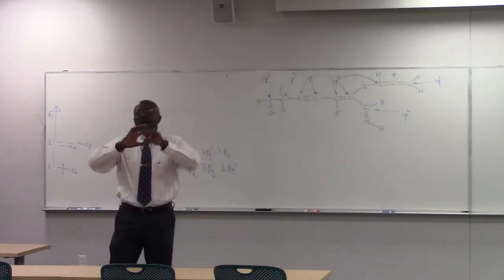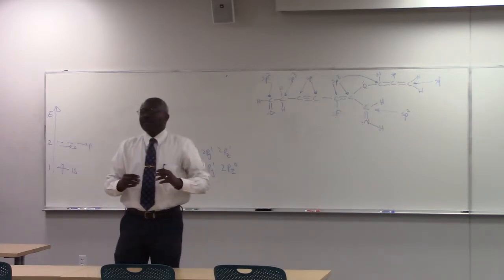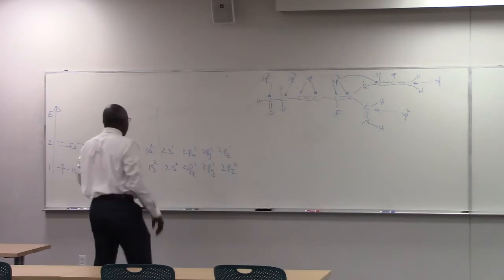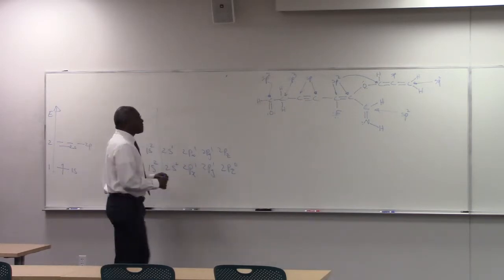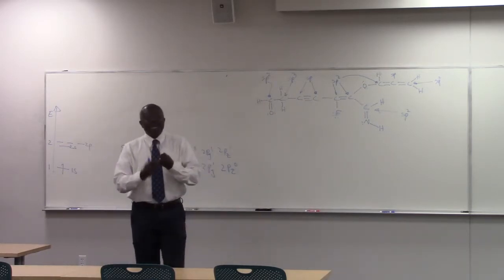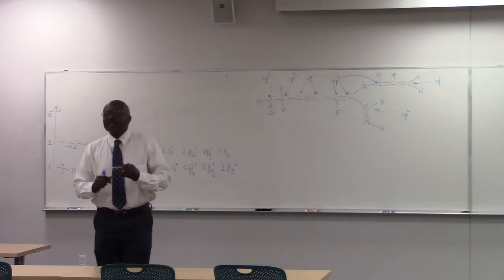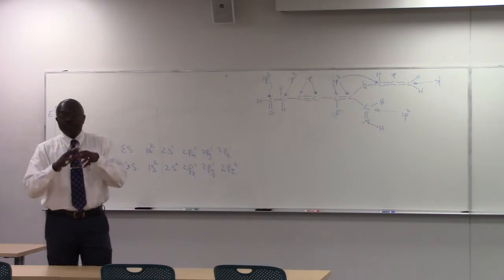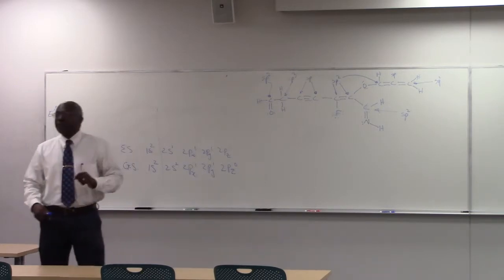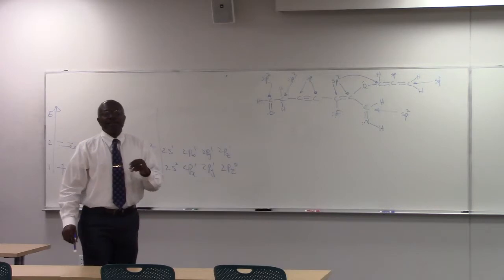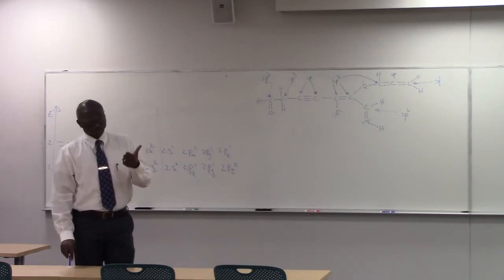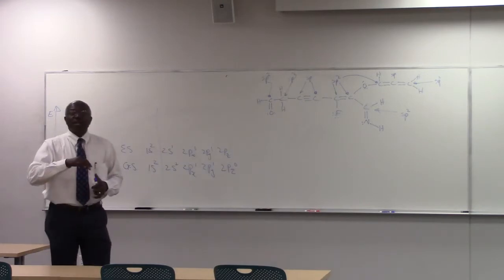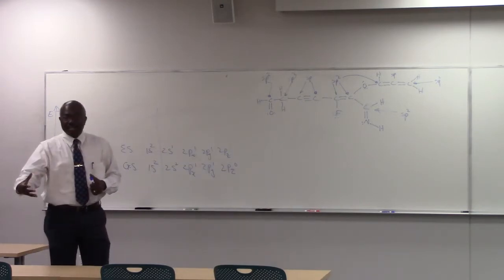So for orbitals to hybridize, to mix, 2 conditions must be met. The orbitals have to be similar in size and similar in energy. So for orbitals to overlap and hybridize, they must be similar in energy and similar in size. We can say that those orbitals have to have what's called complementarity.